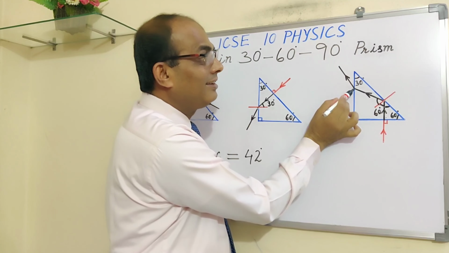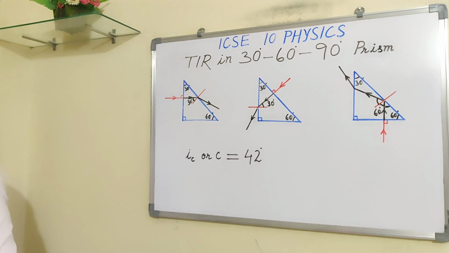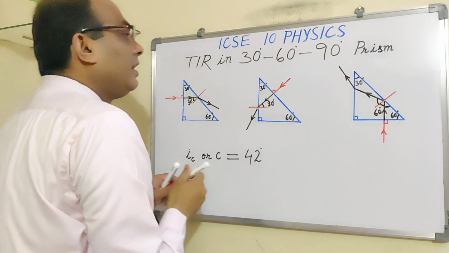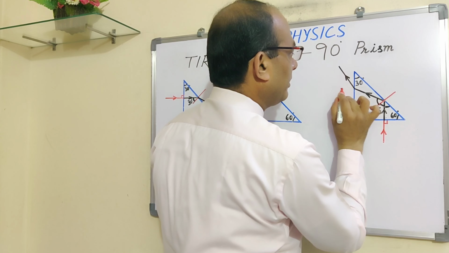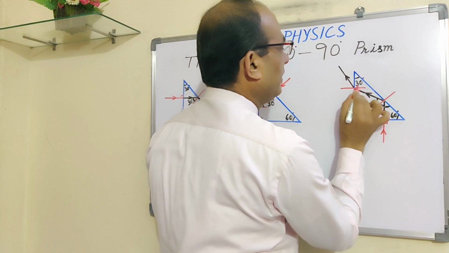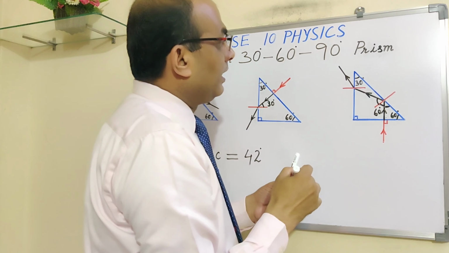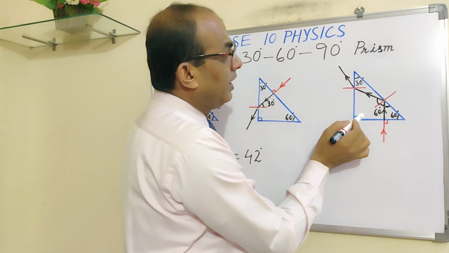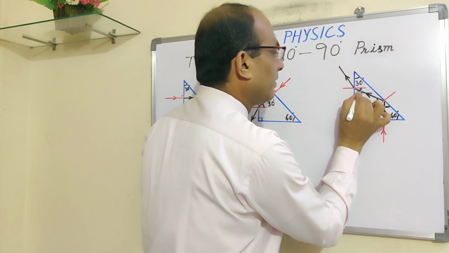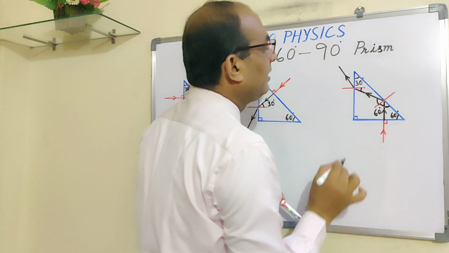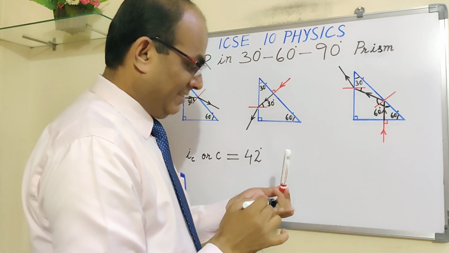It reaches till here, then again at this point, what will happen? Will it suffer TIR again? Let me draw this normal. This is the normal. What will happen will be decided by this angle, the angle of incidence.